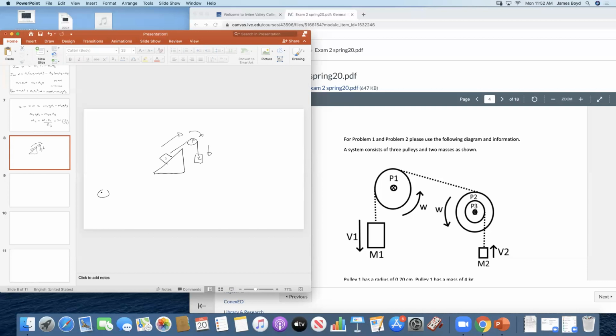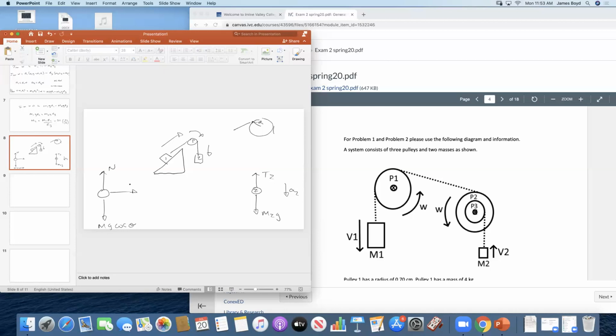Our free body diagrams, I'll do 2 first. And I'm going to say that they're both connected on the outside of this pulley, which has a radius and a mass. So for mass 2, we would have a tension 2 and we'd have an M2G and it would have an A2 down. For this guy, you have to go back to what we did in 5 and 6. Normal weight in the Y is mg cos theta.